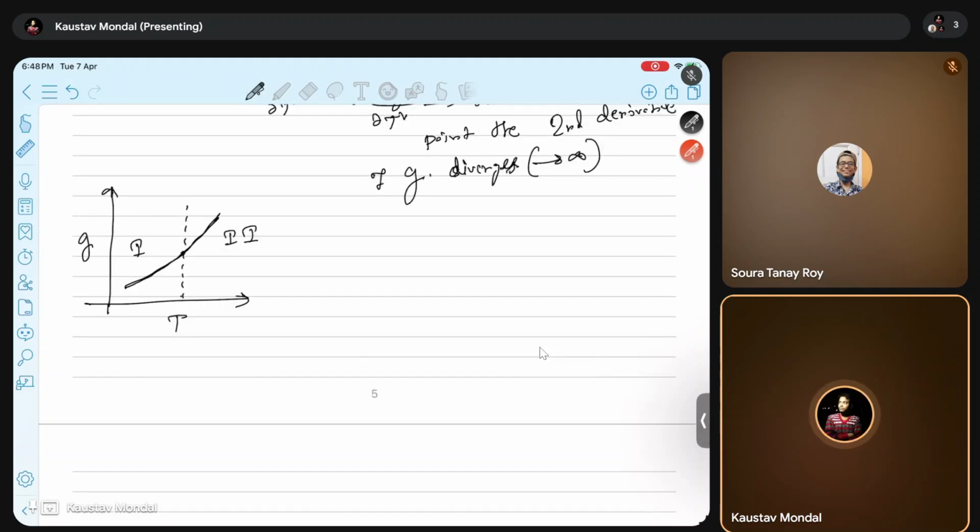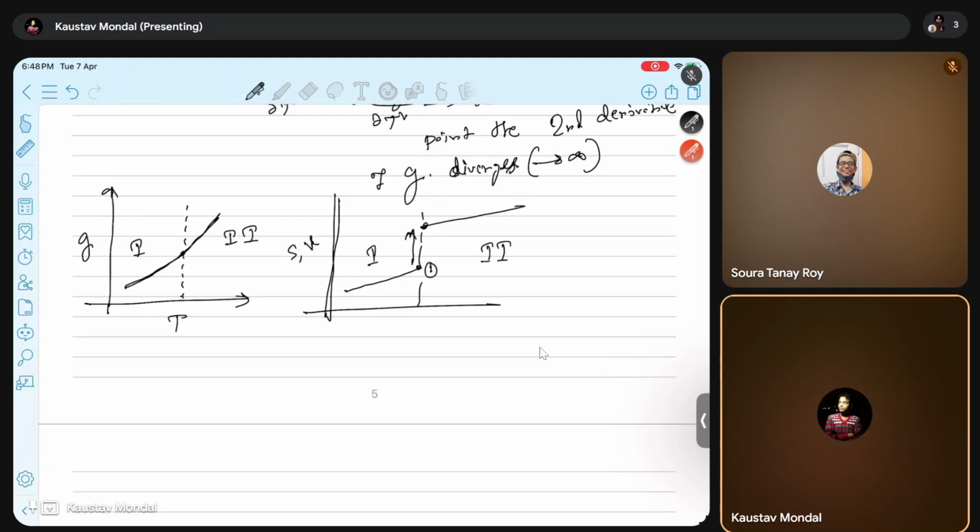Now if you plot the entropy or volume, that is the first derivative of Gibbs free energy, it will show discontinuity. Discontinuity means like this. You can see there is a jump from this point to this point. So that means there is a discontinuity because of the phase transition here.